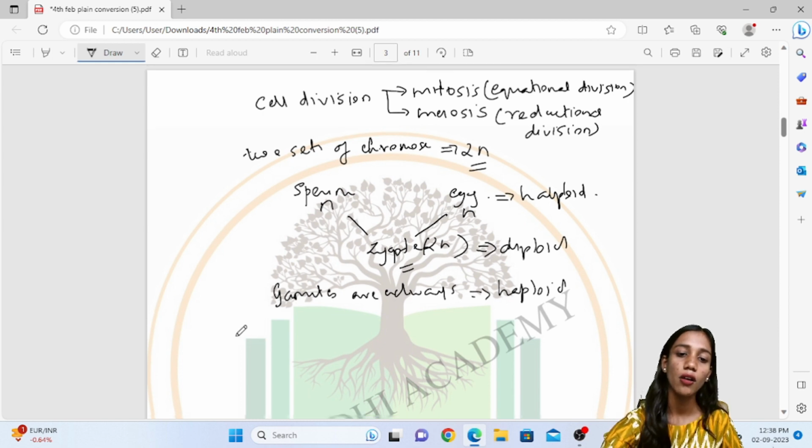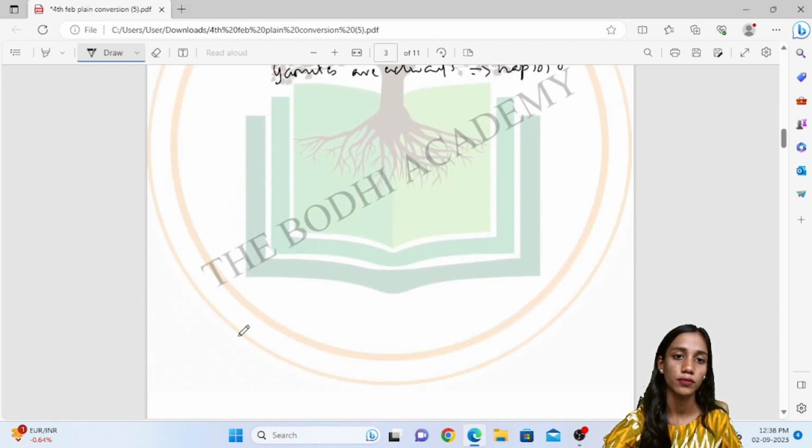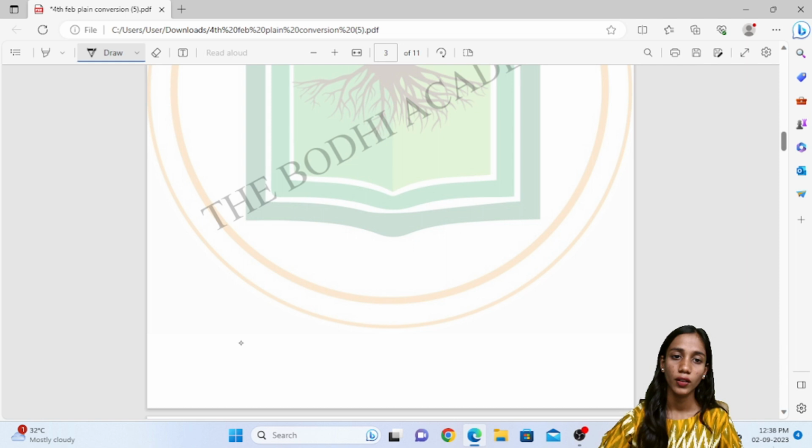Now, how are these haploid gametes produced? For the production of haploid gamete, what division should take place? This haploid gamete has to be produced by an organism, by the individual, no matter what it is.